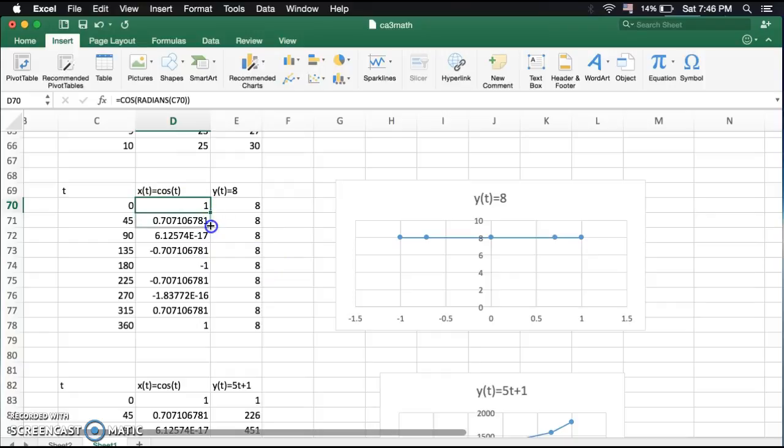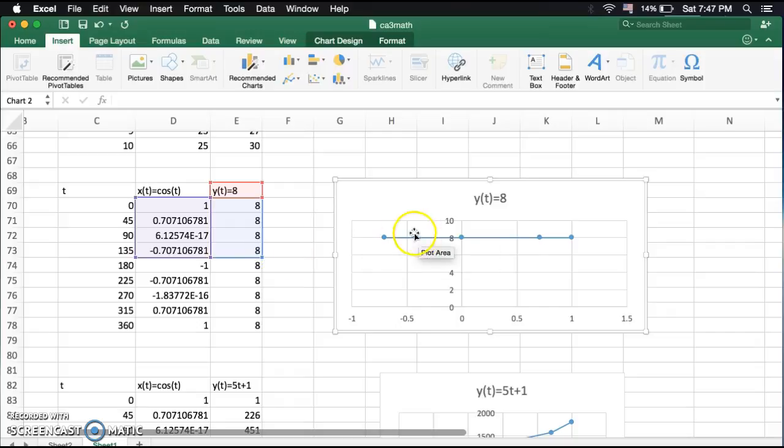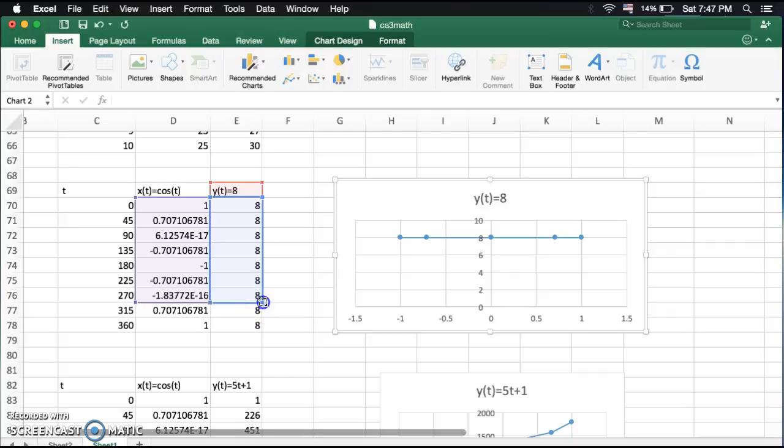It goes from 1 and reaches negative 0.7. When it goes to 360, it goes back to the same position.